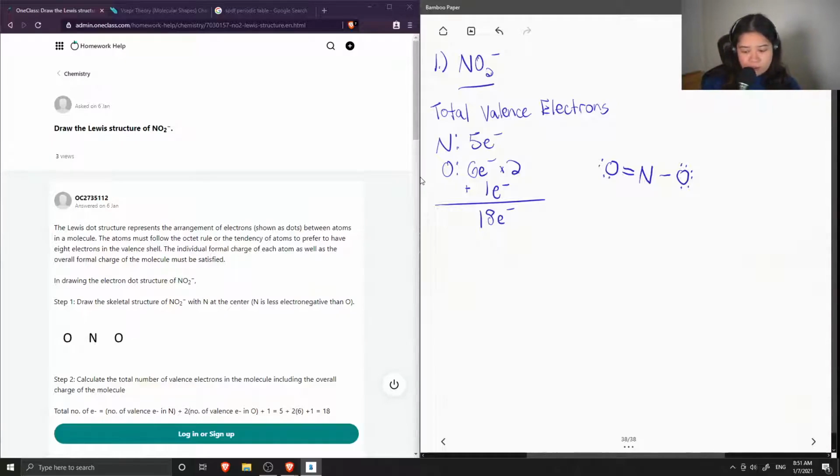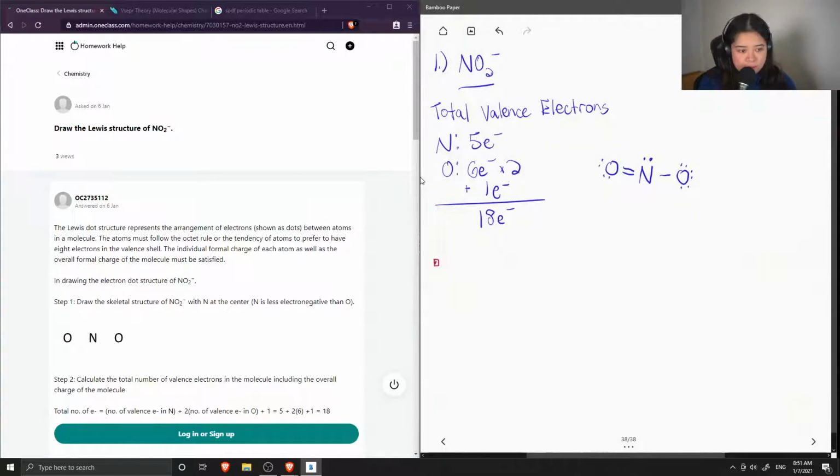So I need 2 more electrons, so the last 2 I'm going to put as lone pairs on my nitrogen. Now that I drew out this structure, I want to find out all of the formal charges for each of these atoms.